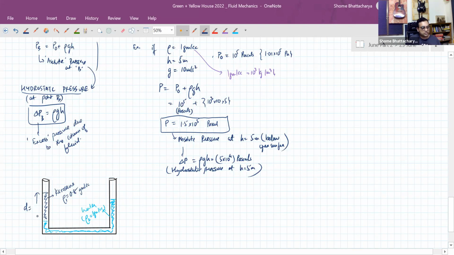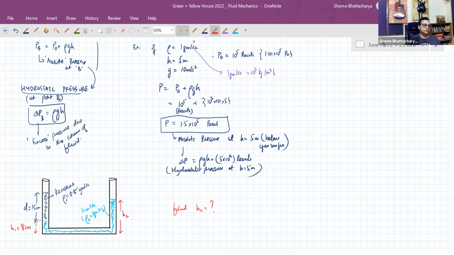So if the height of the kerosene column is, let us say, 15 centimeters, and the level of the water here is, let us say, 8 centimeters, then we have to find what this height h2 is. So this is an example of the application concept of pressure gradient that we have discussed about. Just try this question out.